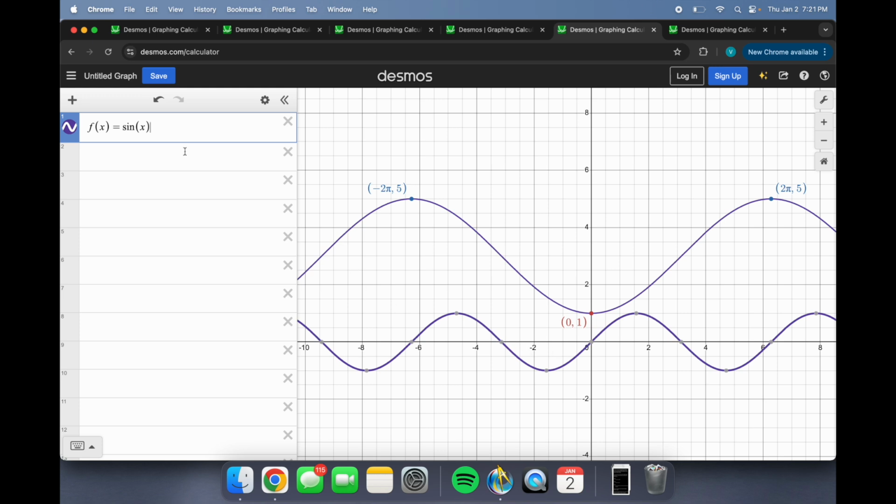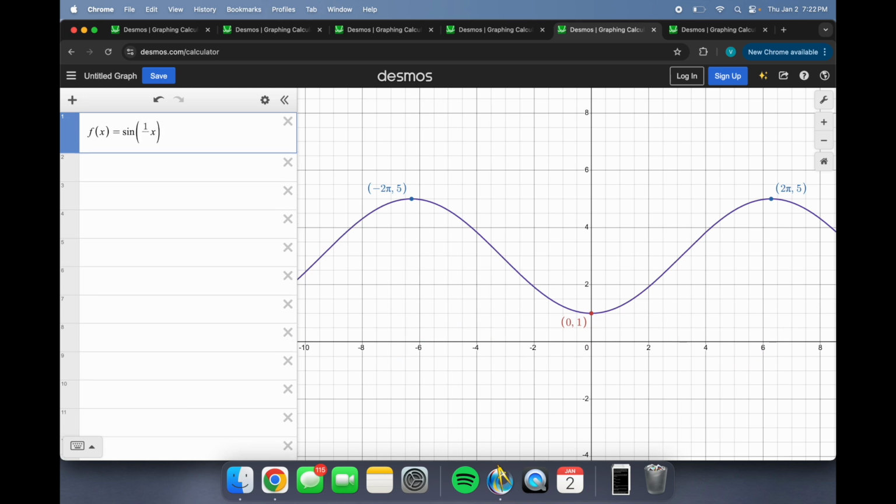Well, the first transformation that I like to make is the period adjustment, aka the horizontal compression or stretch. So what's happened here? Well, it looks like the period is now 4 pi long instead of 2 pi. So it looks like a horizontal stretch by a factor of 2 has occurred. So it really looks like we want sine of 1/2 x to make the periods the same.